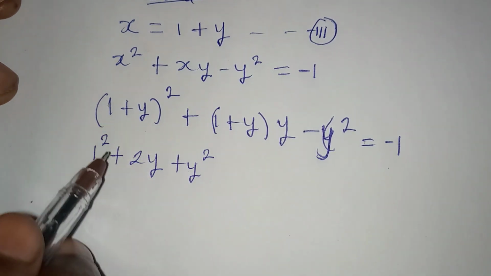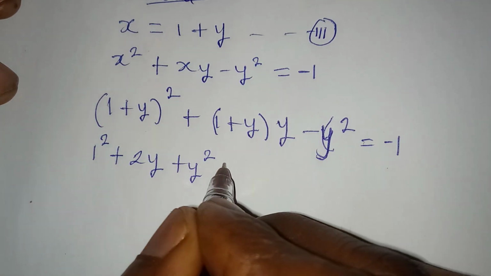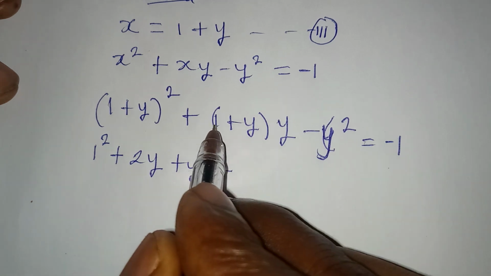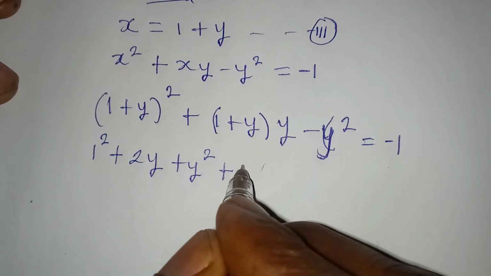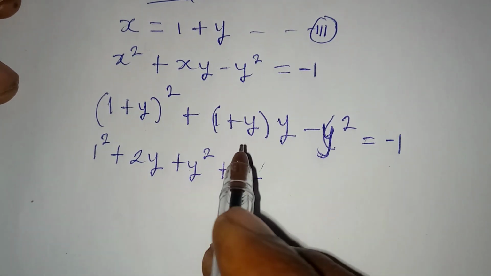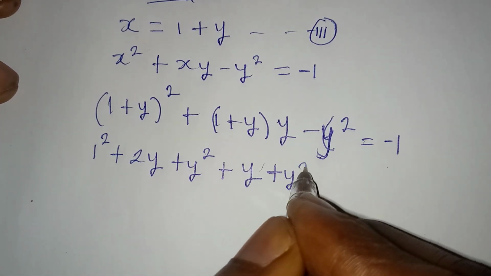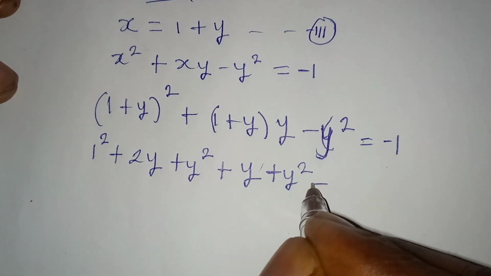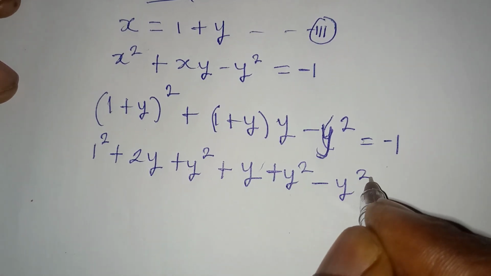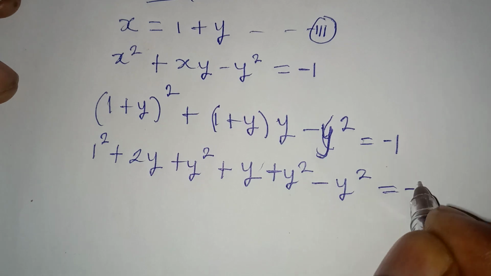Then if you expand this, plus 1 times y will give us y. Then y times y will give us y squared, right? Then minus y squared again, and this is equal to -1.